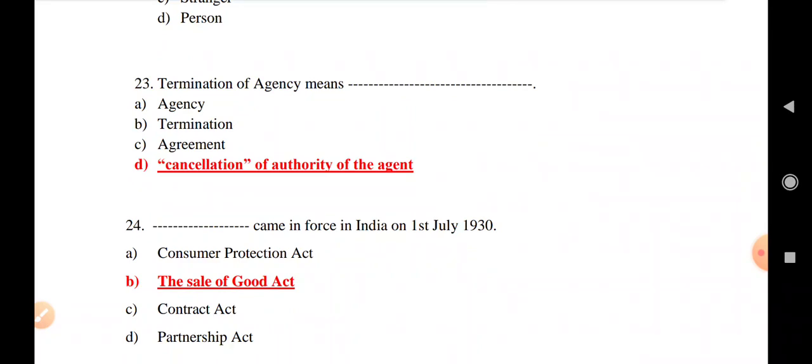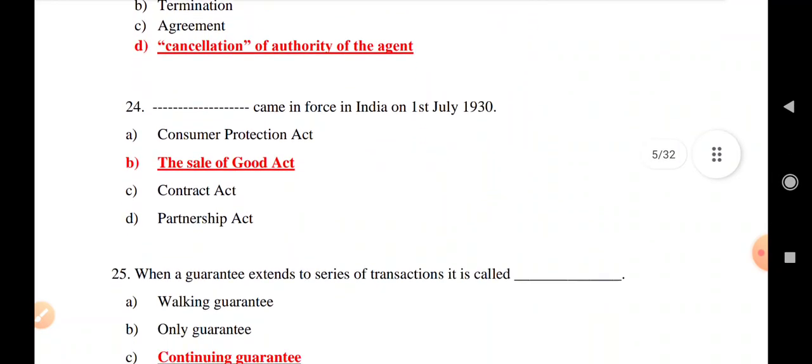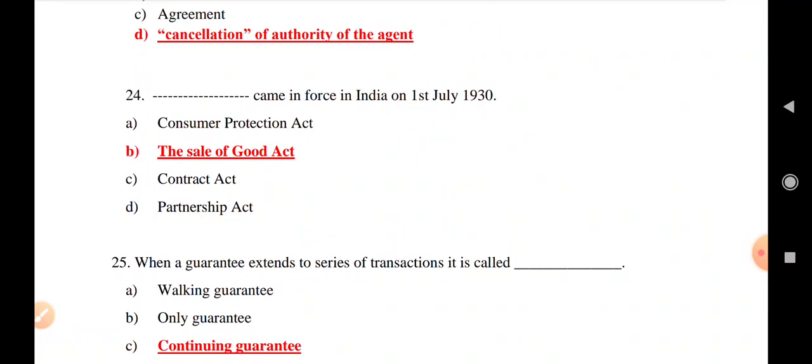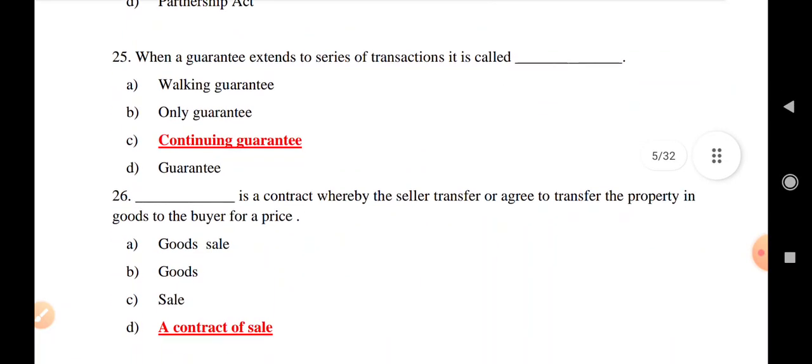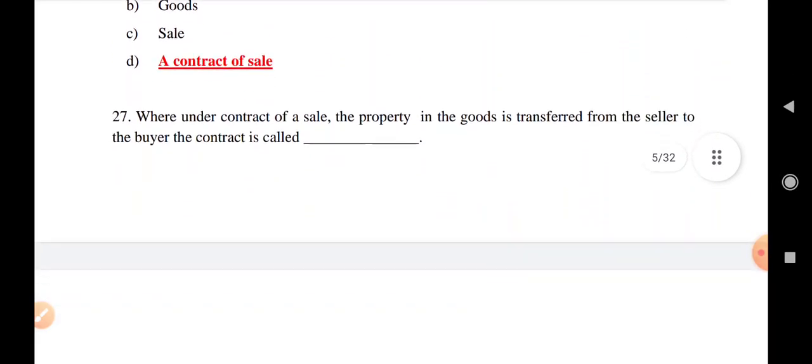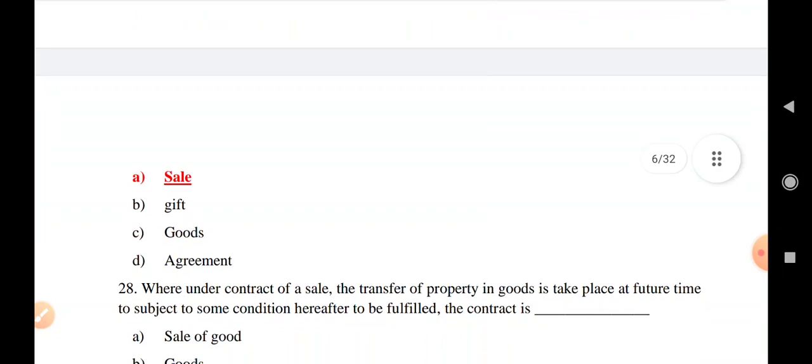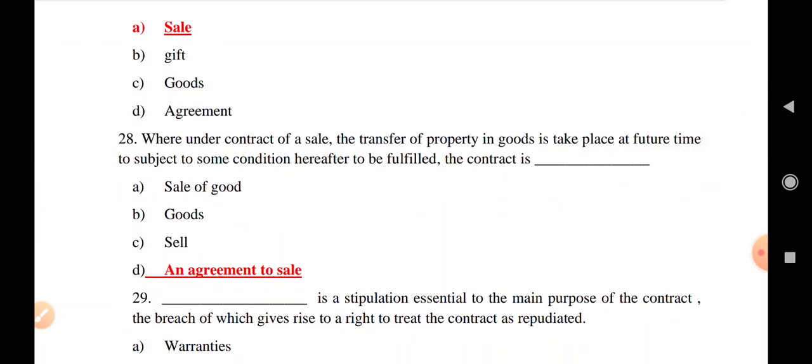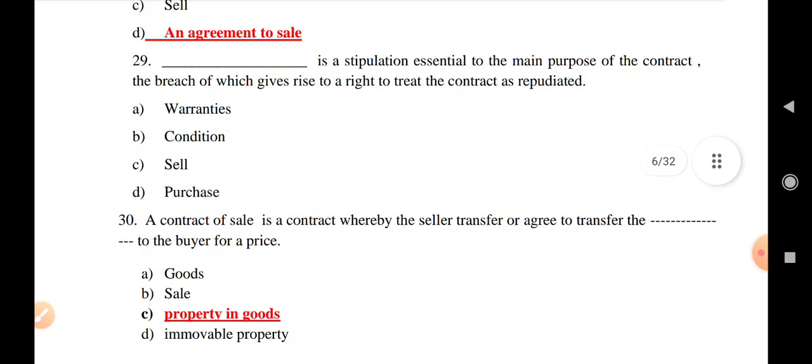You also have to study the provisions of the Sale of Goods Act, then guarantee, and contract of sale. All these are present over here. So these are the examples and questions for your practice.